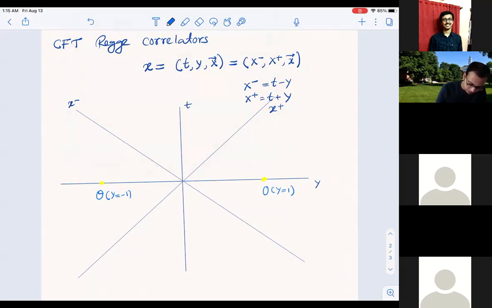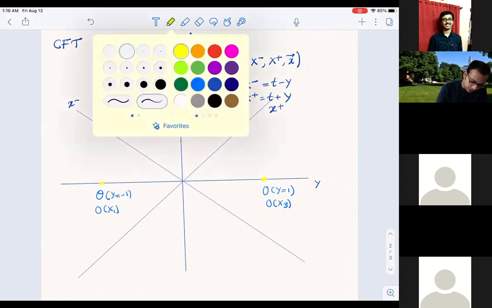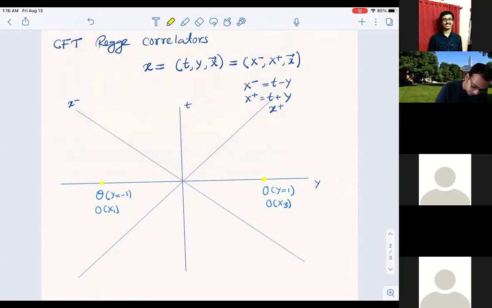And just for simplicity, let me call this O at x1, and this is O at x3. Similarly, I have two more operators, one somewhere here, somewhere here.